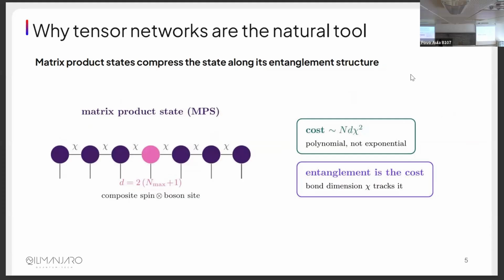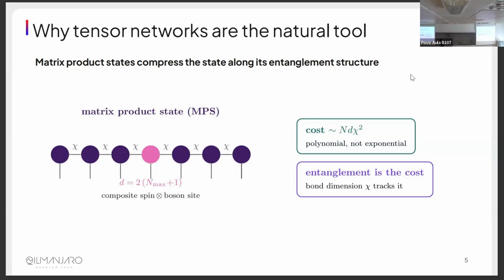The natural representation in tensor networks for a spin boson system is the matrix product state, in which the cost becomes polynomial, not exponential, and we can control the cost of this simulation by controlling the bond dimension chi.